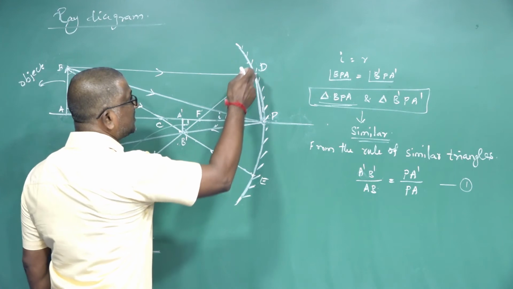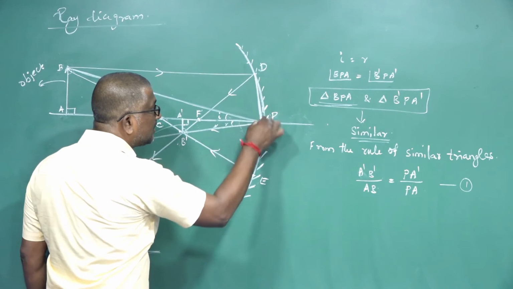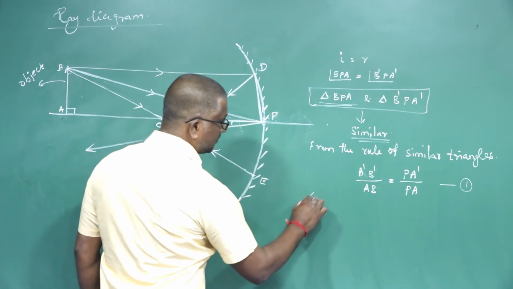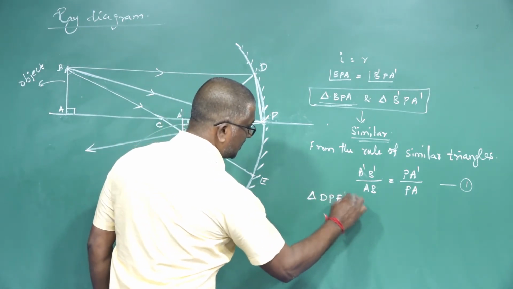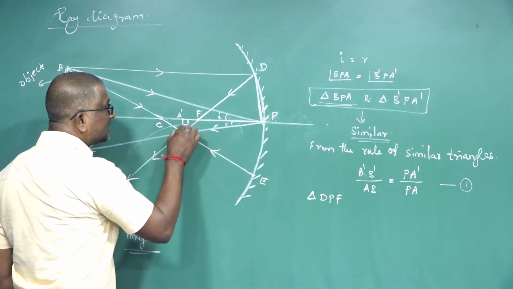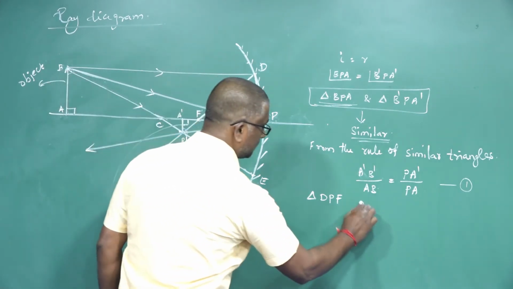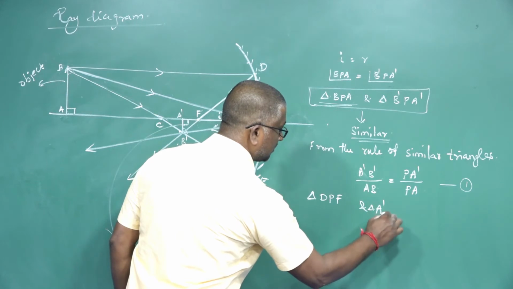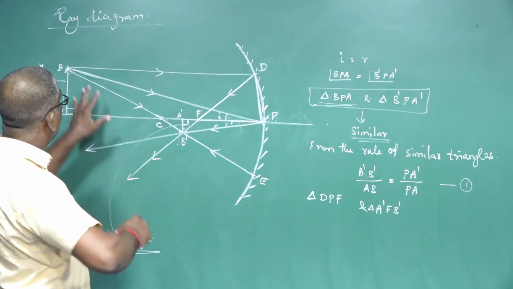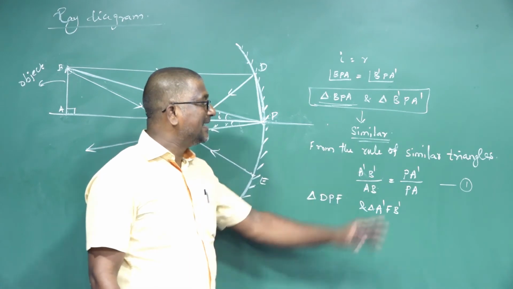And similarly, we consider another two right angle triangles. One is DPF, and another right angle triangle is B dash A dash F, or A dash F B dash. The first two right angle triangles are BPA and B dash P A dash.